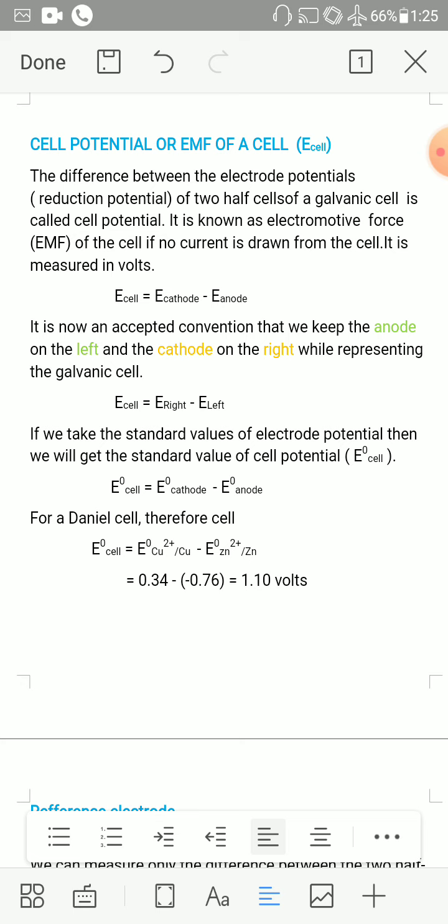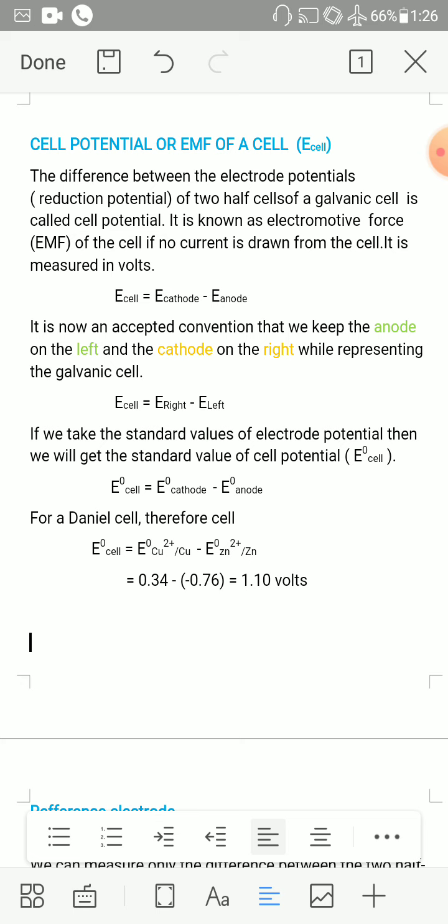And it is an accepted convention that while representing the cell or galvanic cell, you have to always place the anode on the left and cathode on the right of the cell.